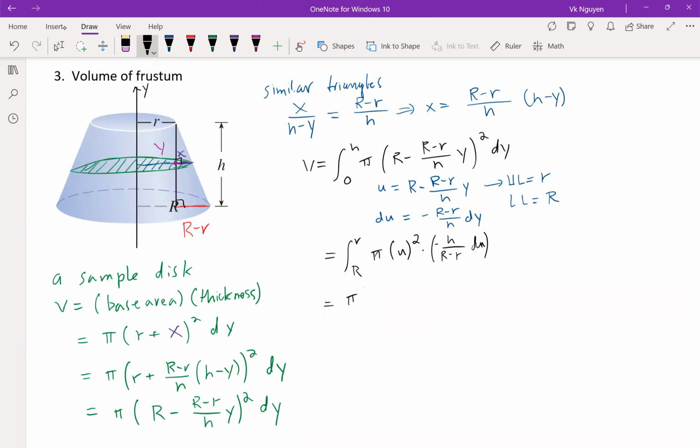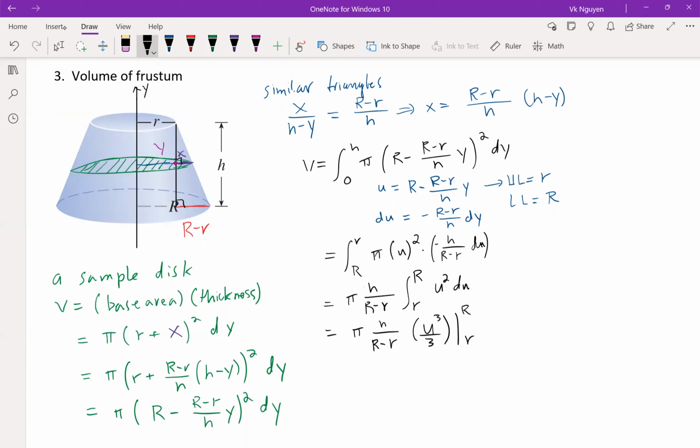Pi h over the bigger r minus the smaller r, integral from the smaller r to the bigger r, u square du, and this would get us pi h over the bigger r minus the smaller r times u to the power 3 over 3, integrated from the smaller r to the bigger r.